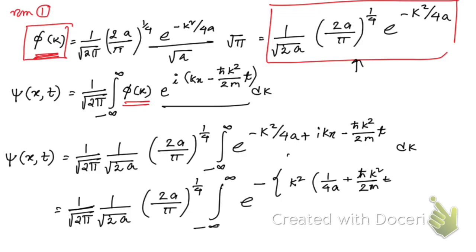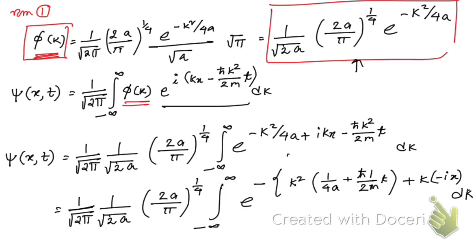K square is taken common, so it should be taken outside here. As minus is taken common, this minus becomes plus, right? Hope you have understood this. Now let me write this properly. Then we have ikx. As minus is taken common, this plus becomes minus. So we can write k of minus ix, and here we have dk.